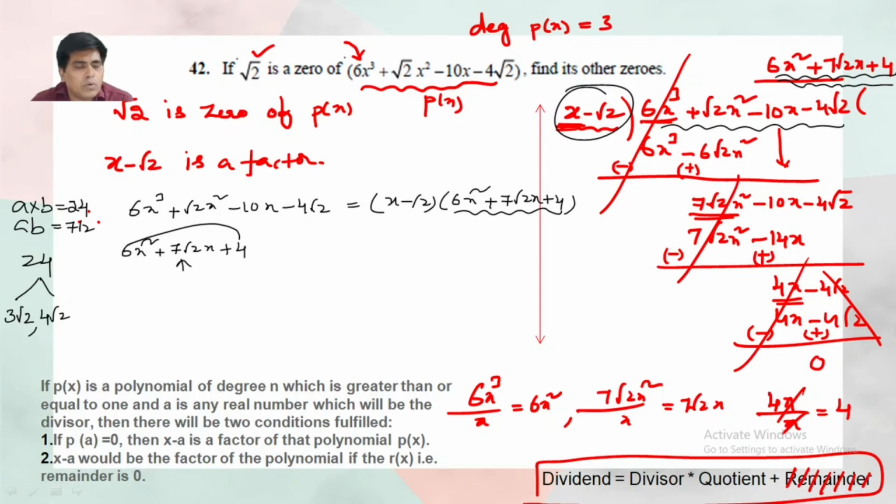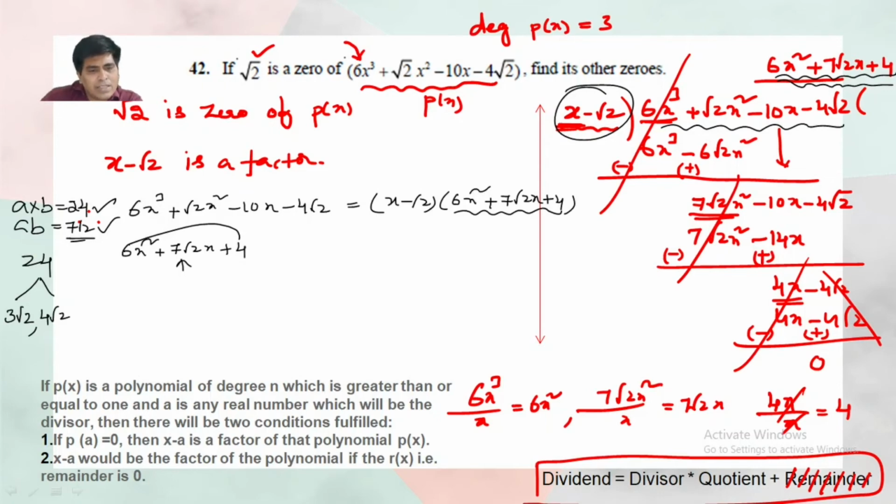Root 2 into root 2 is 2. 12 into 2 is 24. Yes, I am getting the first condition satisfied. Add these two: 3 root 2 and 4 root 2, total 7 root 2. Yes, I am getting the second condition also. The product you should get 24 and the sum you should get 7 root 2. I am getting it. So these are the perfect factors for this one.